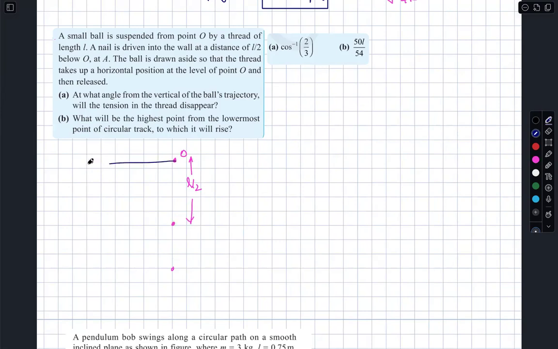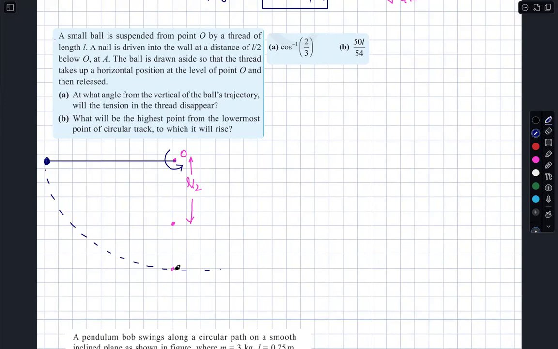Already we have done this in our yesterday's problem. At what angle from the vertical of the ball's trajectory will the tension of the thread disappear?